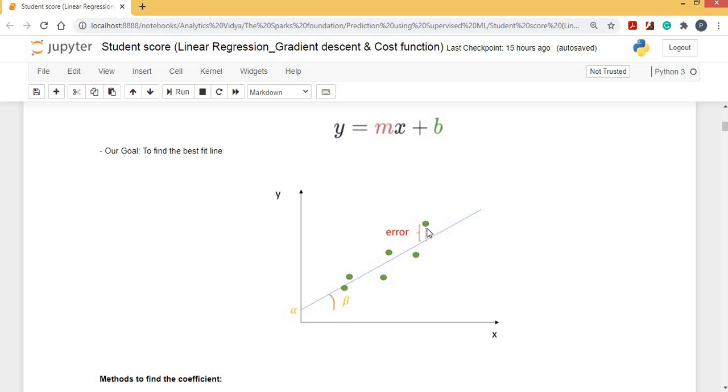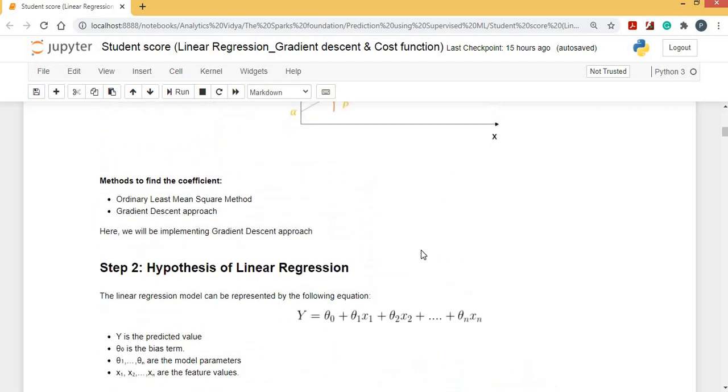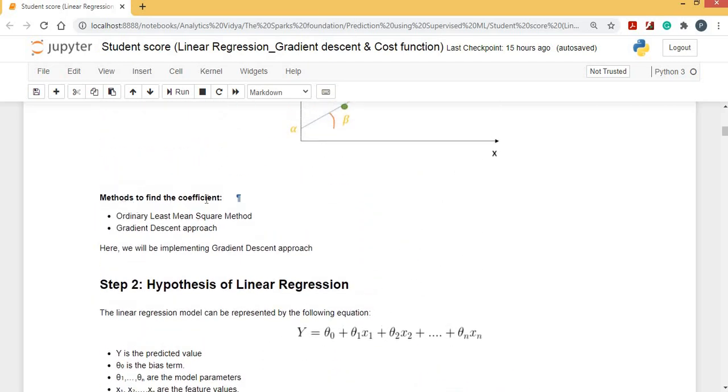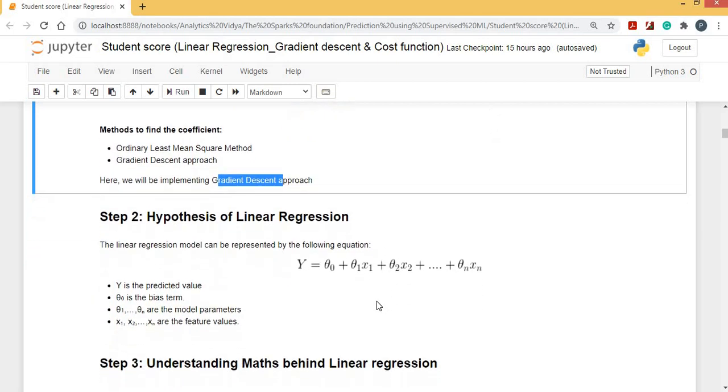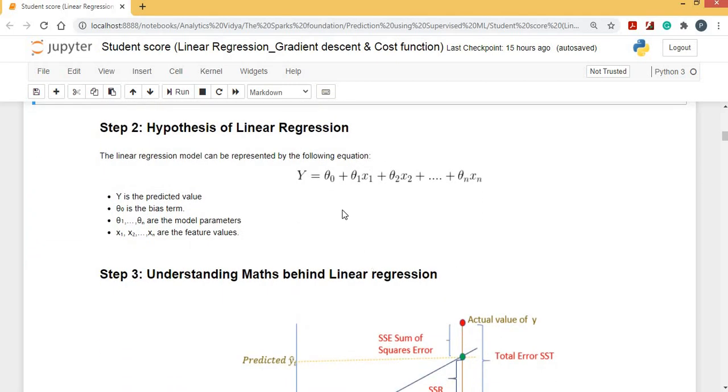For this point the predicted y will be over here, and for this point it will be over here, and the distance between them, if you reduce it, will be the cost function. As I mentioned, the methods to find the coefficients are these two, and we'll be implementing the gradient descent approach. Now let's understand the hypothesis of linear regression.